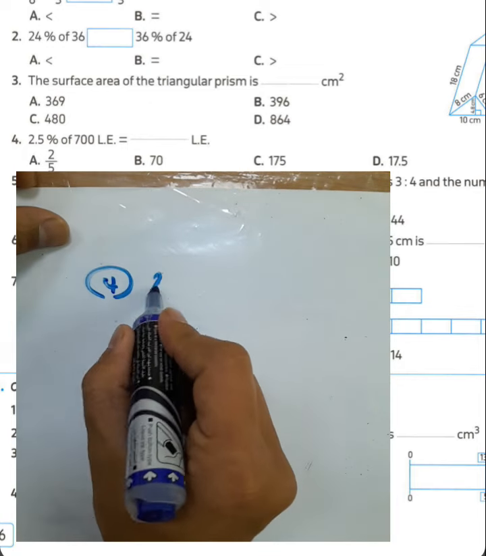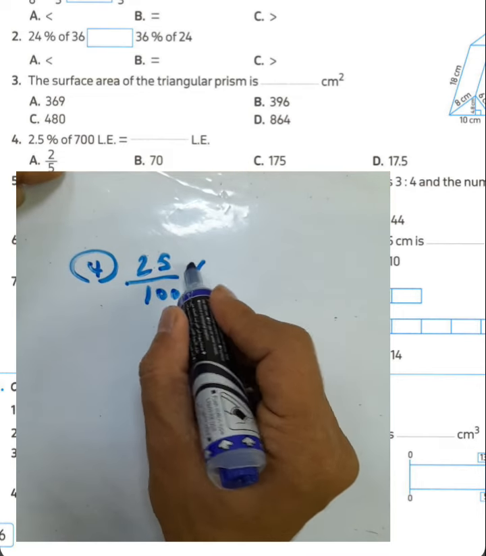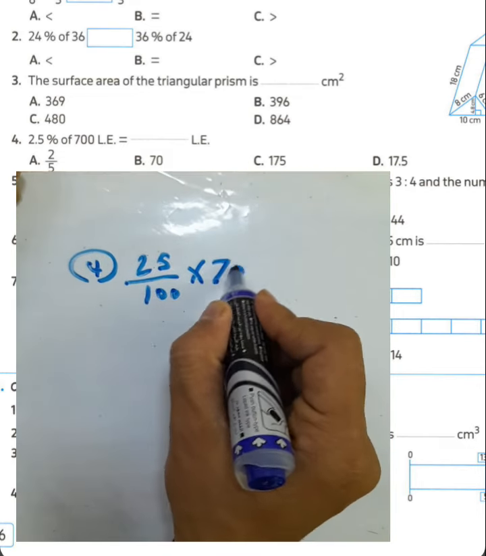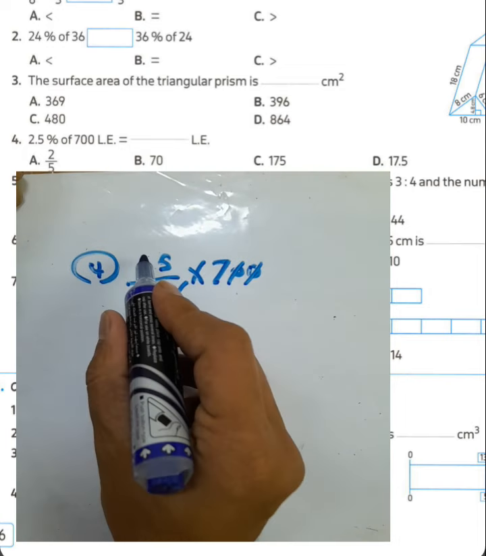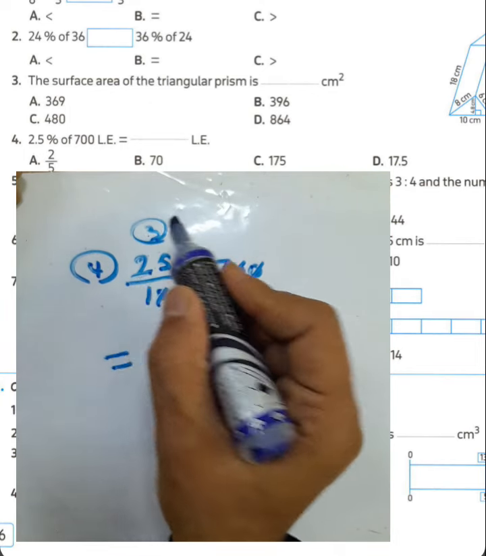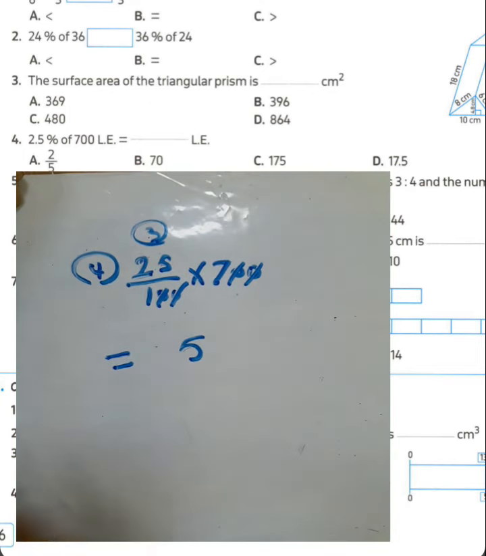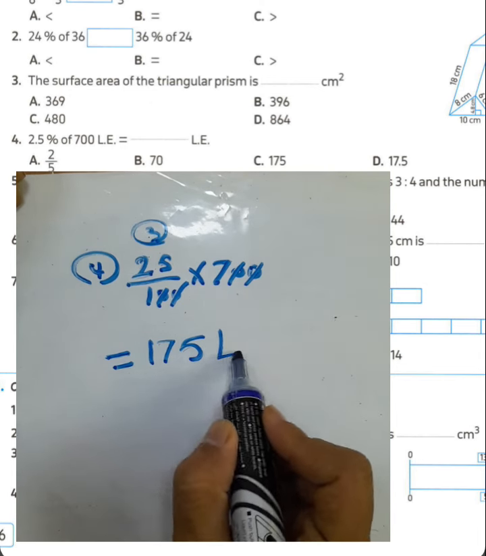Then question number 4, we have 25%, it means 25 over 100 product by 700. We can cancel double 0, and 7 times 25: 5 times 7 equals 35, write 5 and carry up 3, 2 times 7 equals 14, 14 plus 3 equals 17, 175 Egyptian pounds.